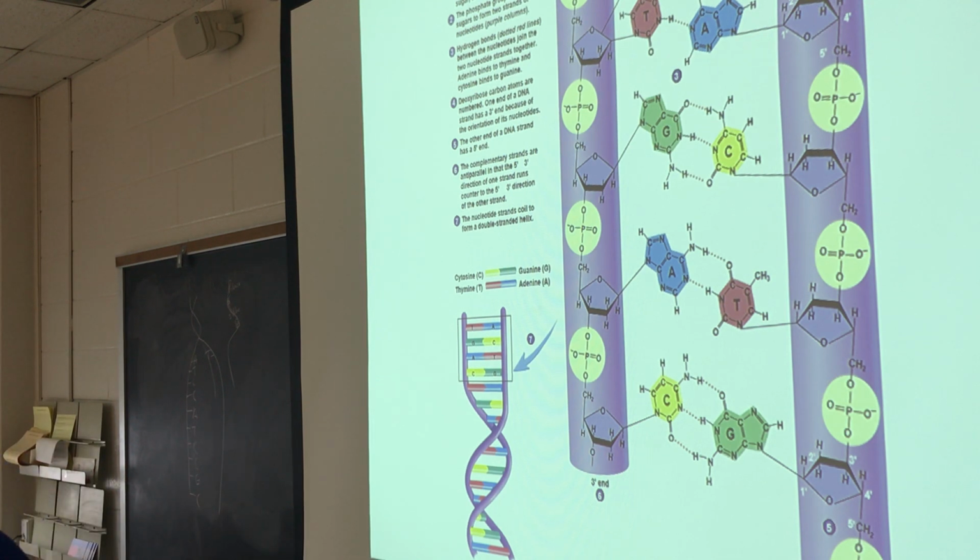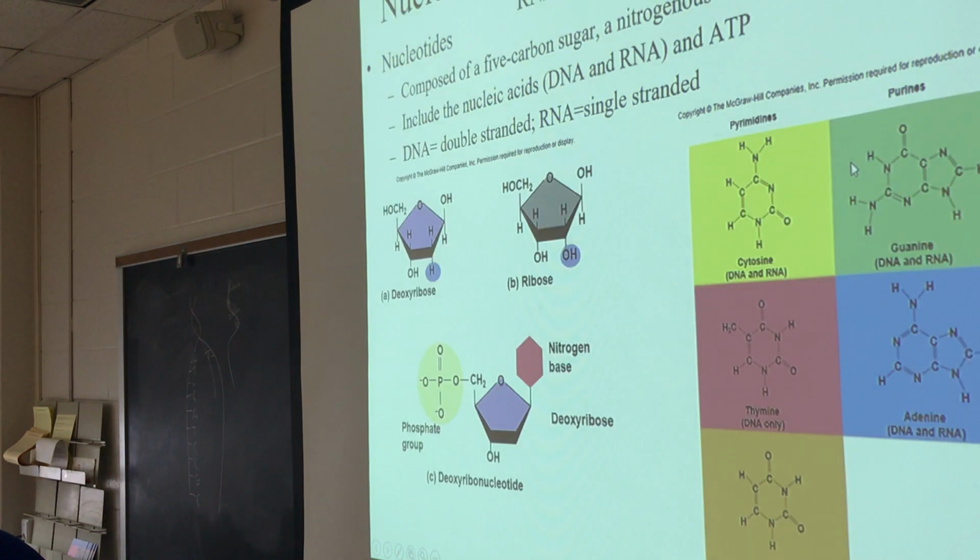Why? There's a reason why you always see A with T and T with A. Simple, right? If you take a look at adenine, it's huge. It's a double ring. If you look at thymine, it's small. Perfect. You have one side a larger base, and the other side a smaller base.